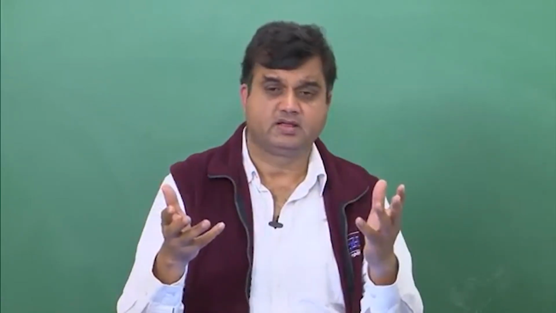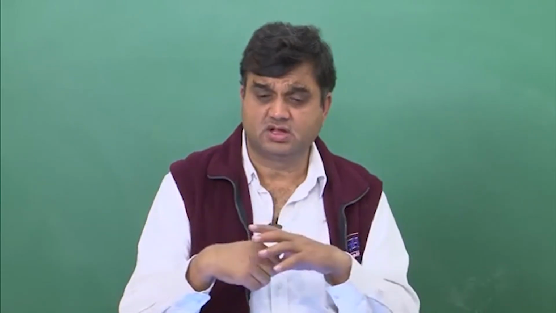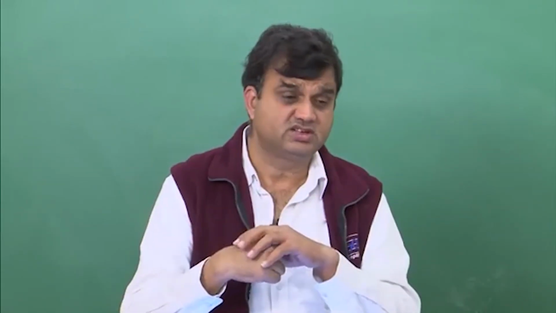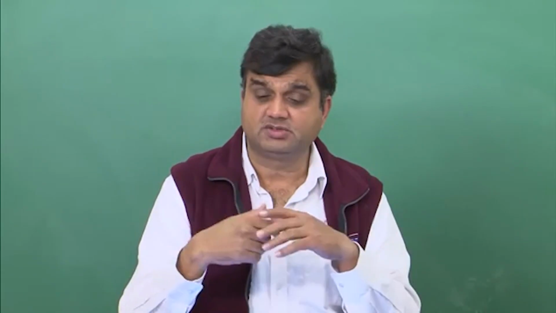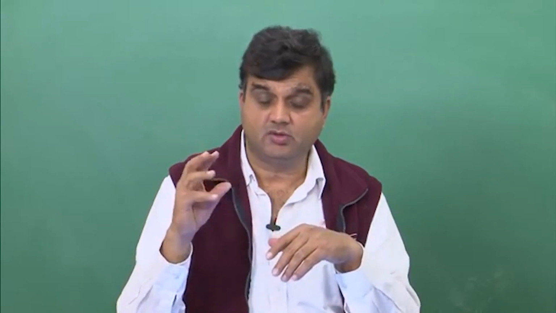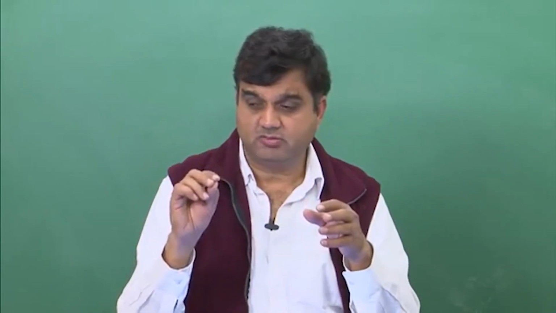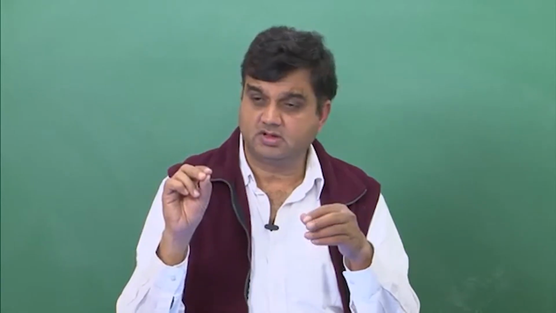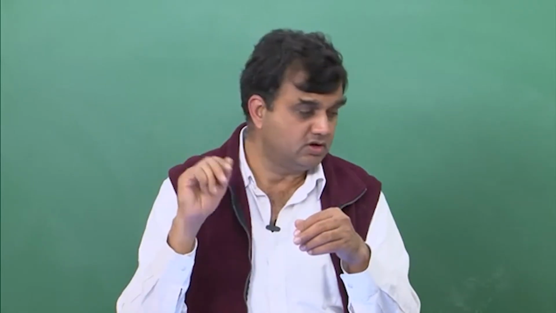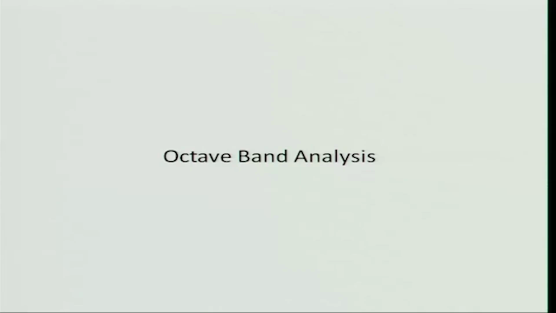So that is the first thing I will discuss, the definition of octave bands, and then we will discuss something beyond that: how do we synthesize and compress data into octave bands and report a single number specific to a particular octave band. Okay.